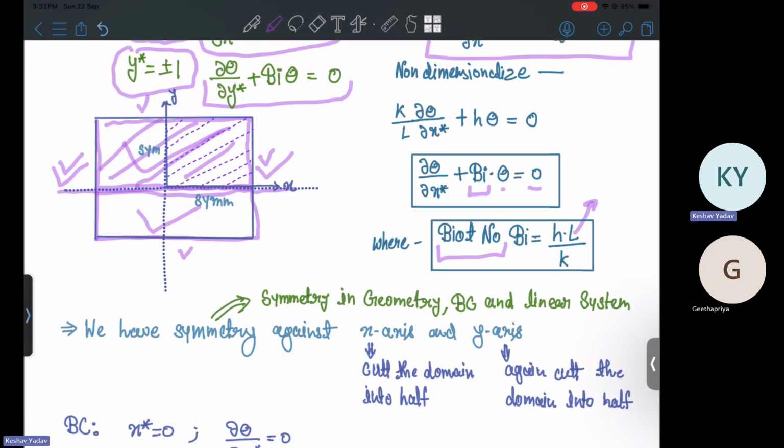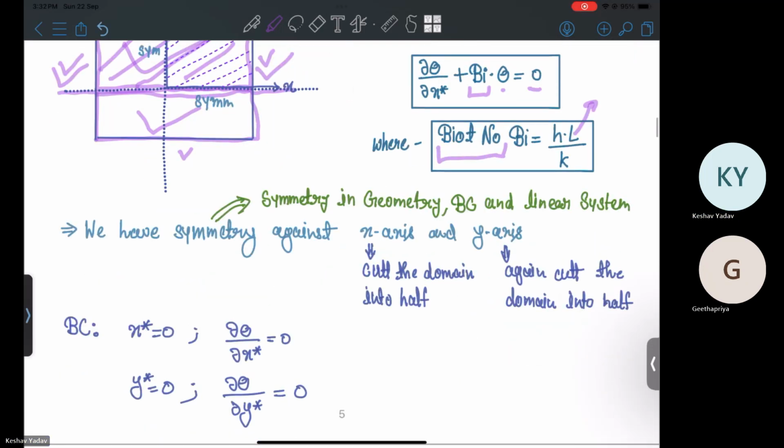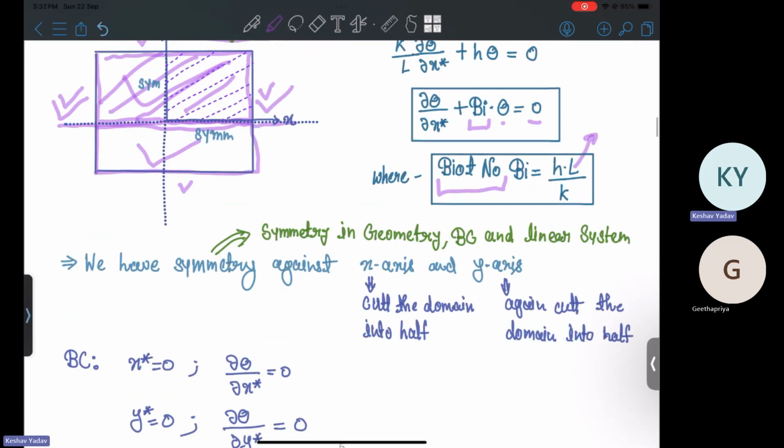While I do this, I need to put the boundary condition at this surface as del theta upon del y star equal to 0. Whatever the temperature is here, the same temperature will be on this side, which means that at the boundary, there will be no gradient.